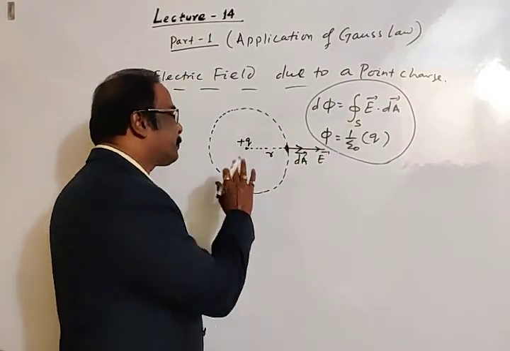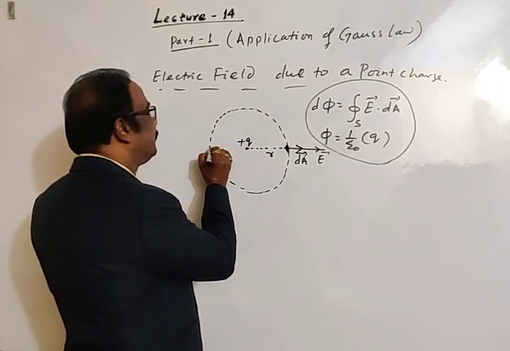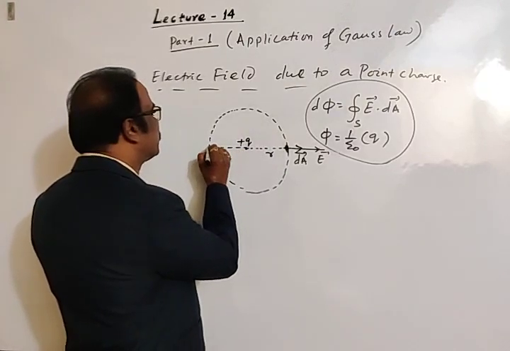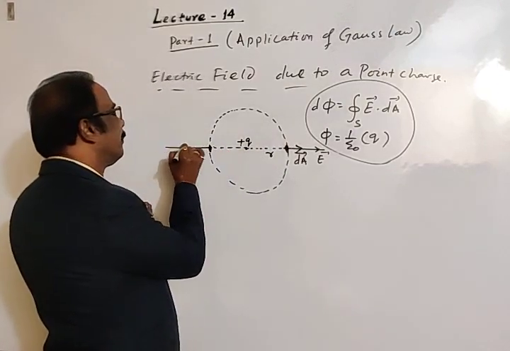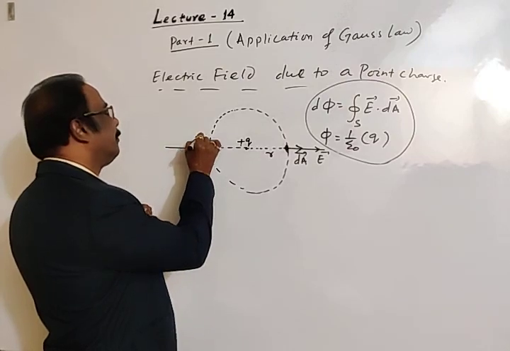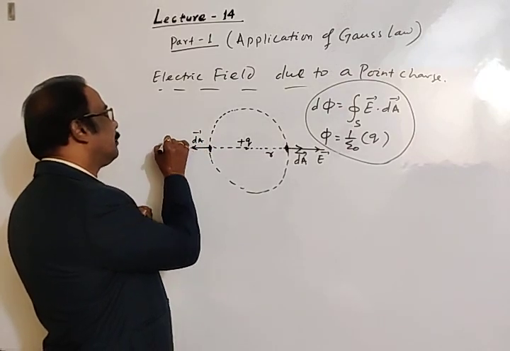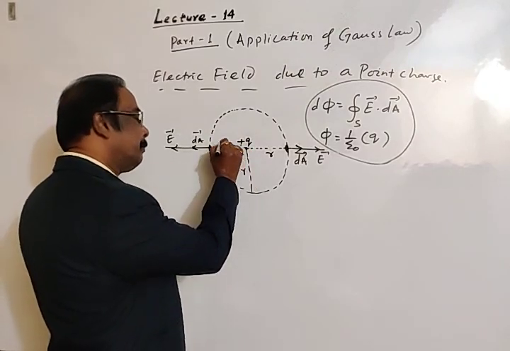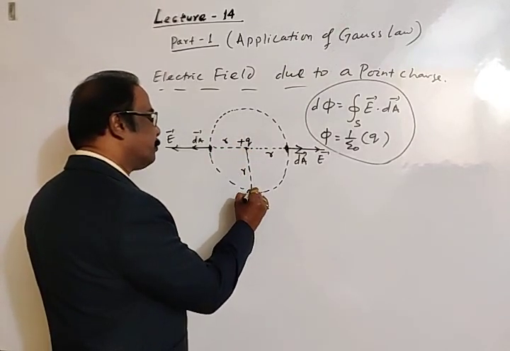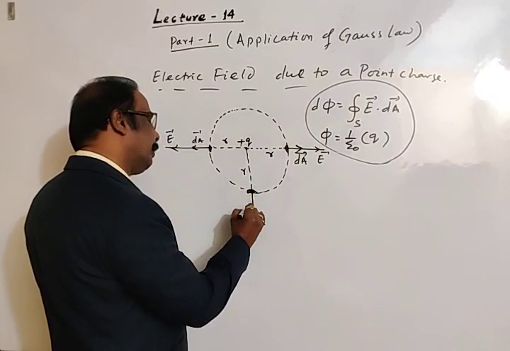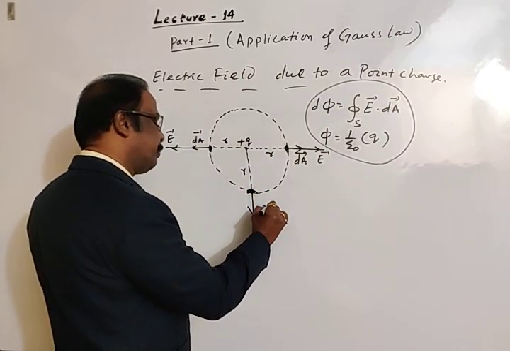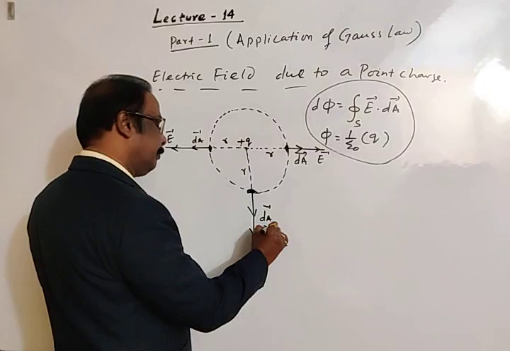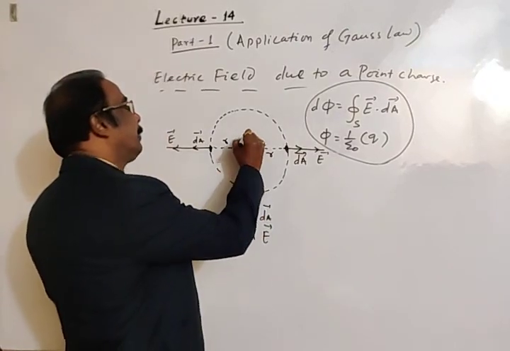Of course, you can take a number of imaginary elemental areas on the surface. This is dA, this is the direction of the elemental area vector, and this is also the direction of electric field. At the same distance r, you may assume another elemental area whose direction is radially outward, along the direction of electric field.